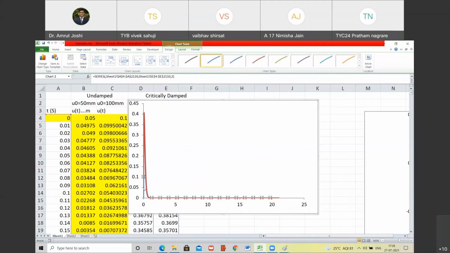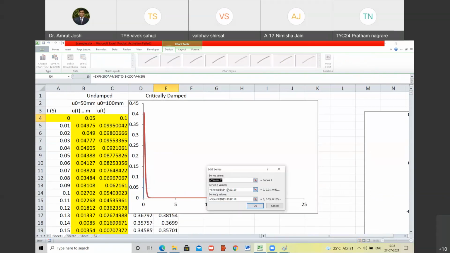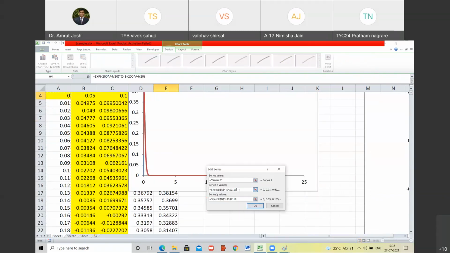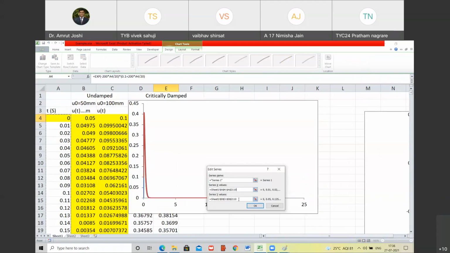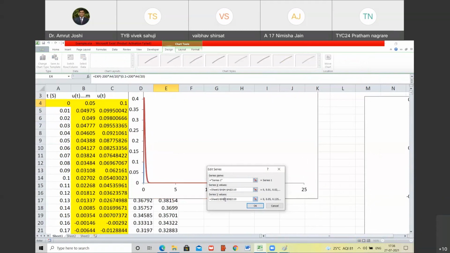So are you able to see the response? Format, select data, one minute, edit, series 1, this has to start from D4.